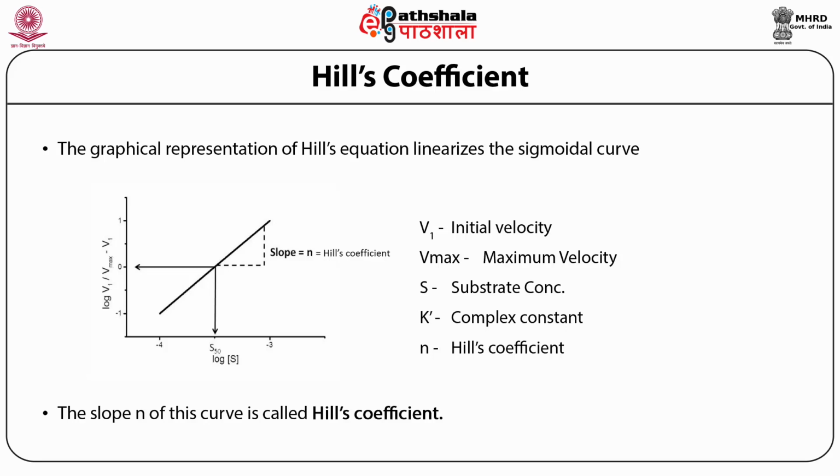But when we are studying the binding of any other allosteric enzyme with substrate, this value will be called S50. So in this graph, V1 represents the initial velocity, Vmax represents the maximum velocity, S represents the substrate concentration, K dash is the complex constant, and n, as we discussed, is Hill's coefficient.